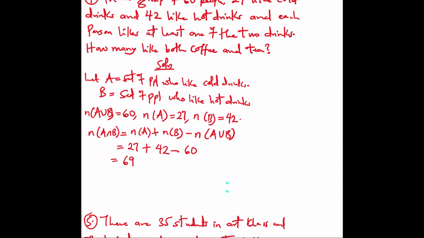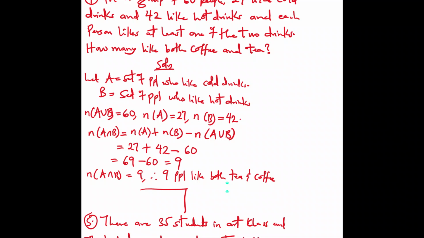The number of A union B is 60. So we have 69 minus 60, which is 9. Therefore we can say that 9 people like both tea and coffee. So the number of A intersection B is equal to 9.